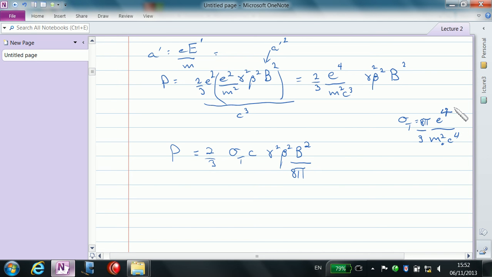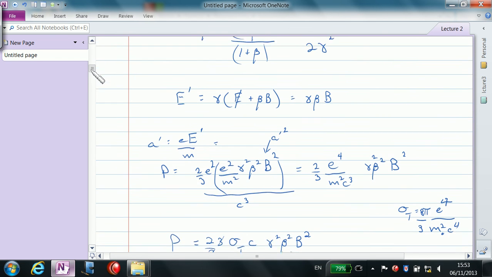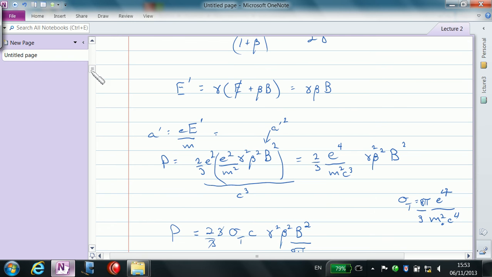Now, I don't like this because this should have been 8 pi over 3, and therefore I should have... I don't know where I went wrong.